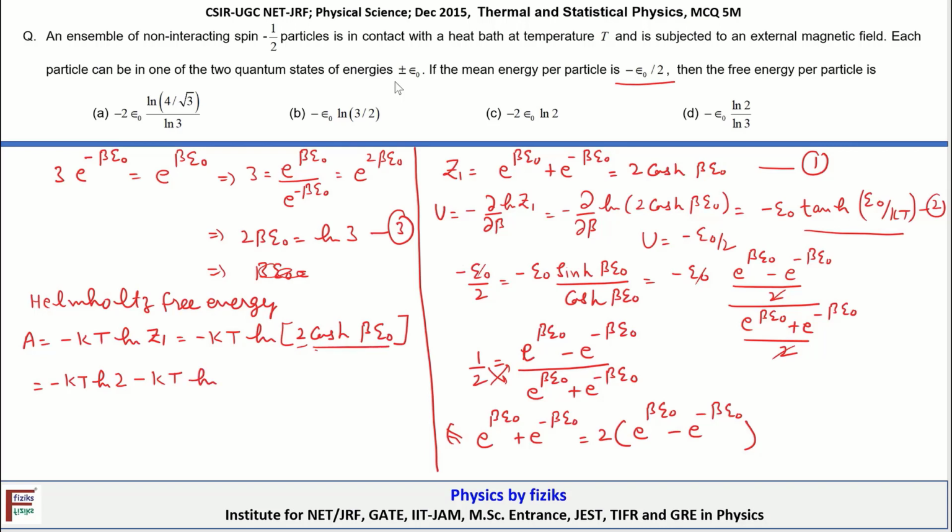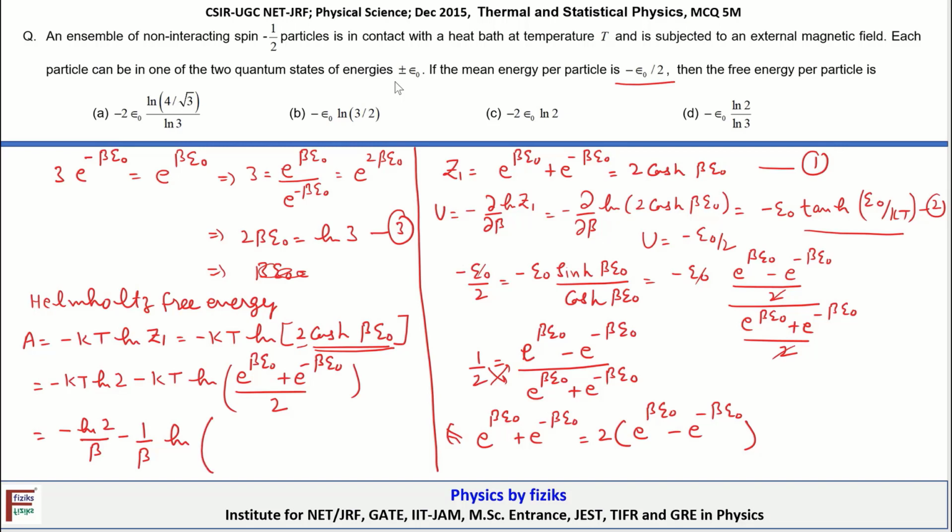Now I am writing this function in terms of exponentials: ln of (exp(βE0) + exp(−βE0)) divided by 2. Since kT is 1/β, this can be rewritten as minus ln 2 upon β minus 1/β ln of ... Here we take the LCM, where exp(−βE0) is 1 upon exp(βE0).